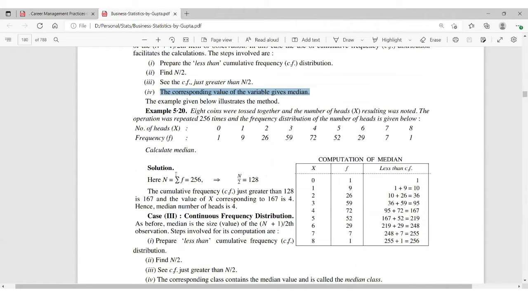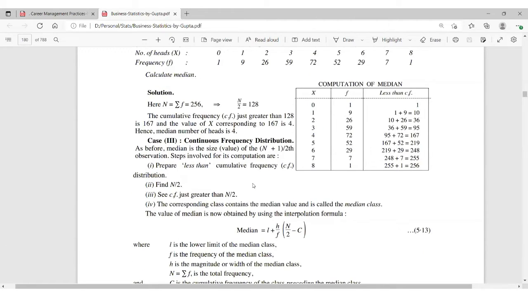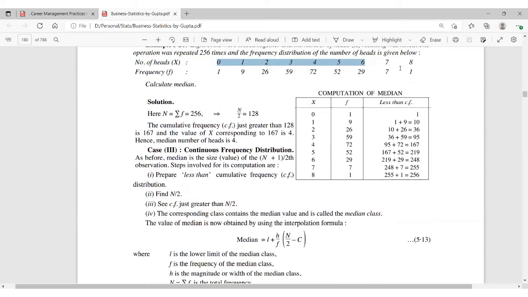Here, these are the values given, X and F. Now find the cumulative frequency.